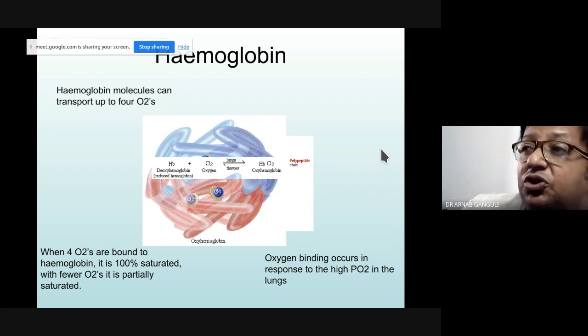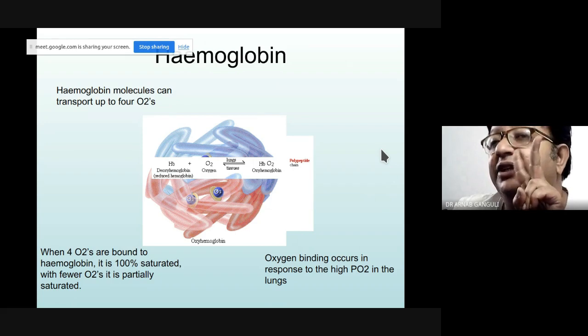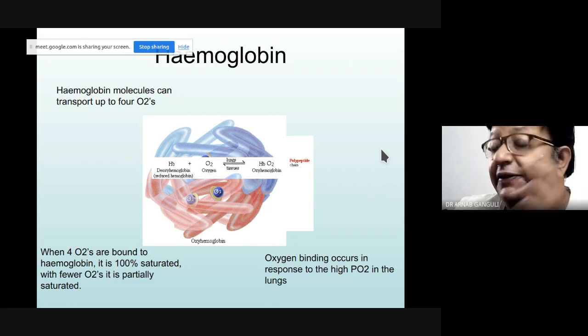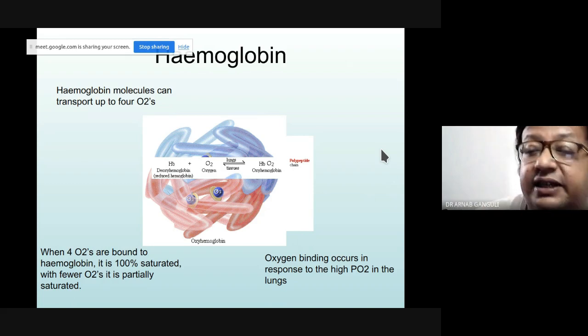If it binds to 3, one is empty, then it is 75% saturated. If it binds to 2, it is 50% saturated. If it binds to 1, then it is 25% saturated. If it binds to none, it is 0% saturated.